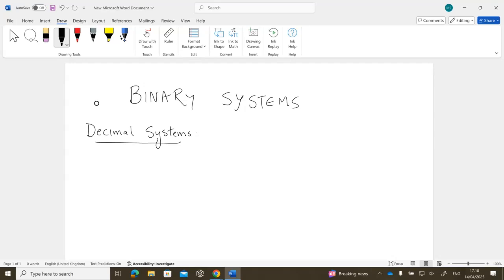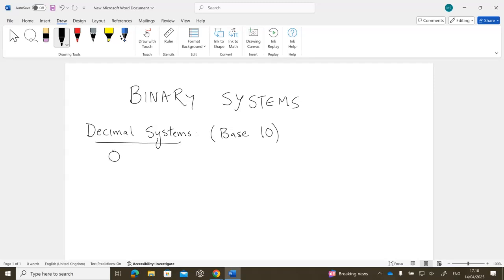Okay, does anybody know what is decimal system? Number system having base number 10 is called decimal. Yeah, very good. Write down. Decimal system is basically numbers in base 10. So what does that mean?